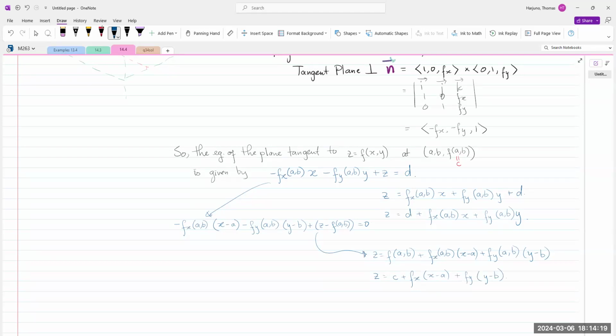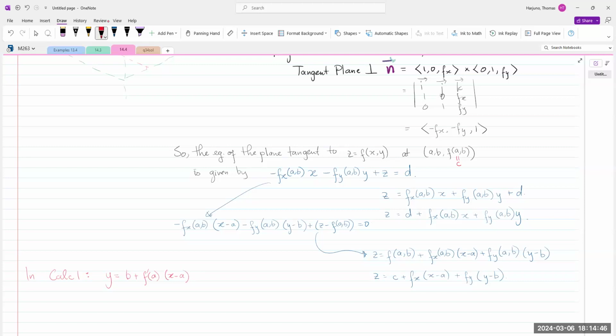Now, some reminder from Calc 1. In Calc 1, we have this tangent line equation. The equation of the tangent line is given by y equals b plus f prime of a times x minus a.